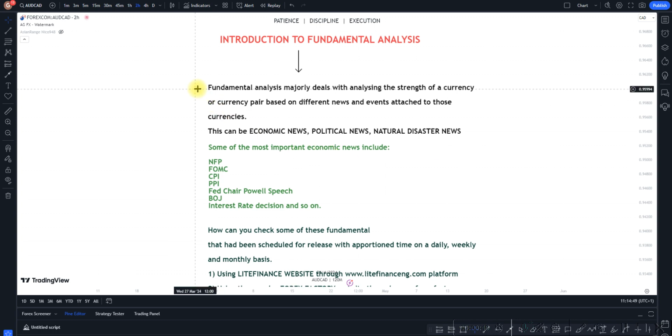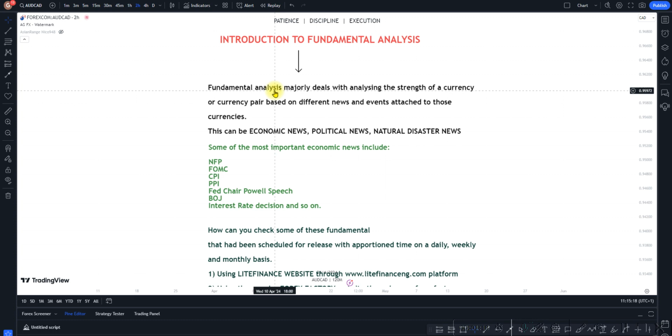So, when we say fundamental analysis, it majorly deals with analyzing the strength of a currency or currency pair based on different news and events attached to those currency. So, whatever is happening in a particular country, it is definitely going to affect the economy of such country, and at the same time, it is going to reflect on the currency.